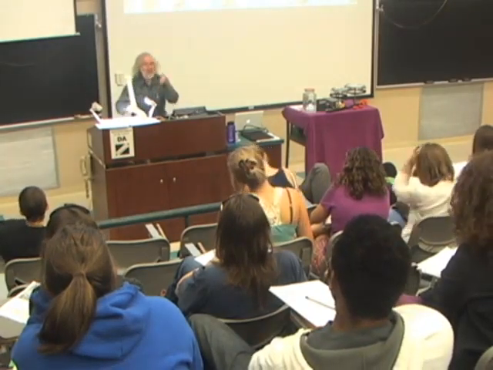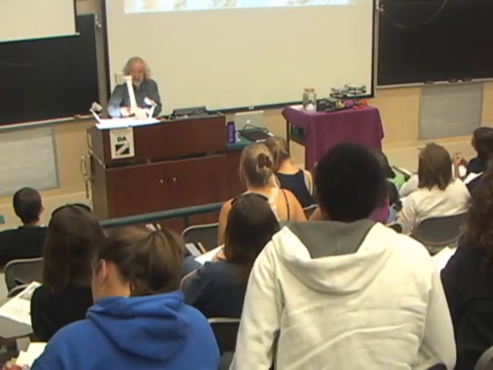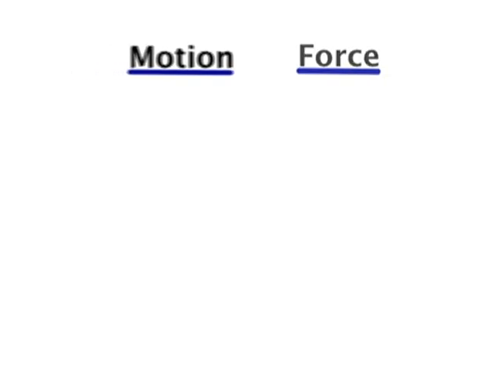So remember, for the bush baby problem, we figured out what was the acceleration of the bush baby when it was jumping. So that was our motion part of the story. We got motion. Then we're going to come back here to the force part of the story. And for the motion, remember we did it in two parts?